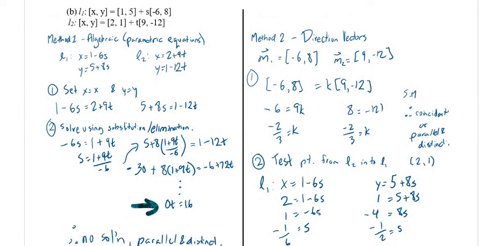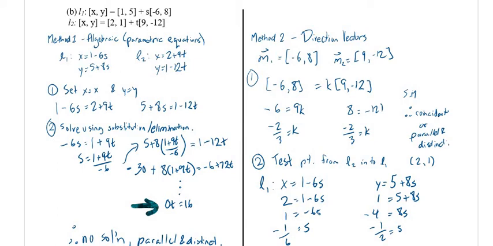Now that we've shown that they're parallel, we need to figure out whether they are coincident or distinct. The little trick is we can test one point from one of the lines on the other line and see if it satisfies the equation. So we're going to pick a point from our equation.